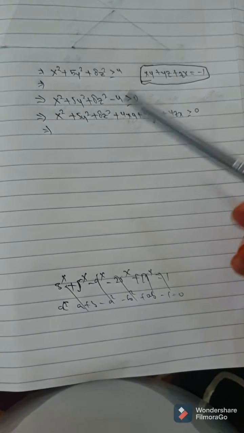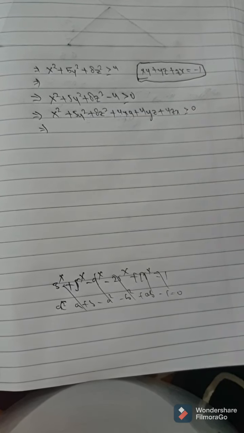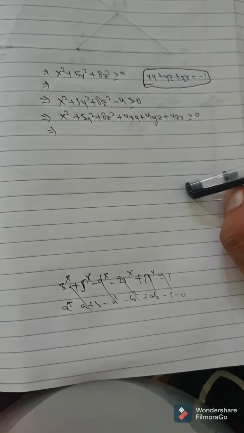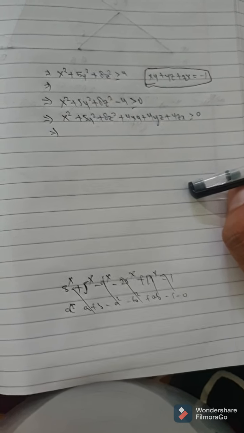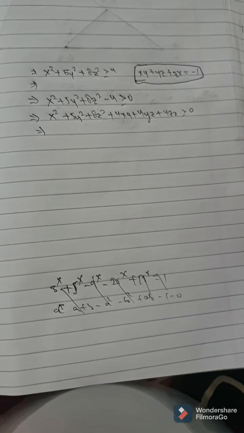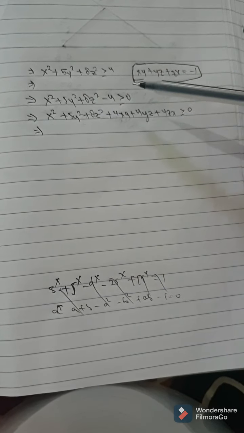We can easily prove this. Now observe that we need to break the coefficients into perfect squares. What I mean is that 5 is not a perfect square, so 5y square is not a perfect square, but it can be broken into 4y square plus y square.